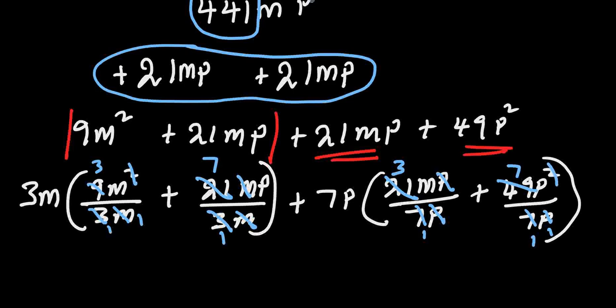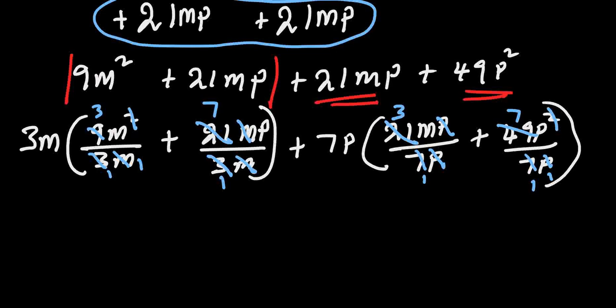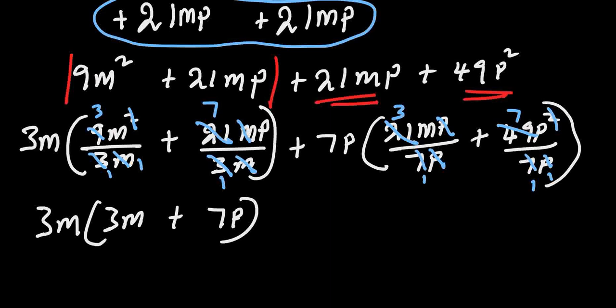All right, so we can now write 3m open parenthesis, and we have 3m plus 7p. All right, so this 3m is this 3 and this m, so making 3m, and this 7 and this p make this 7p.